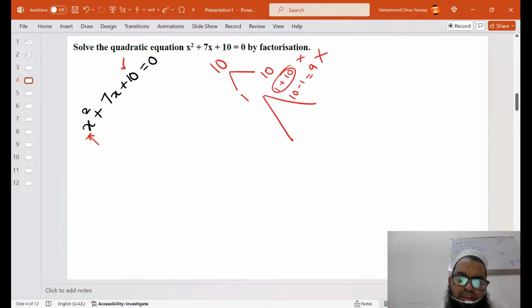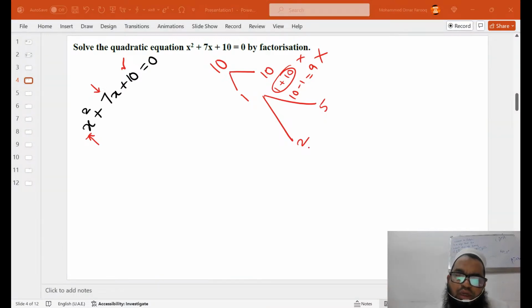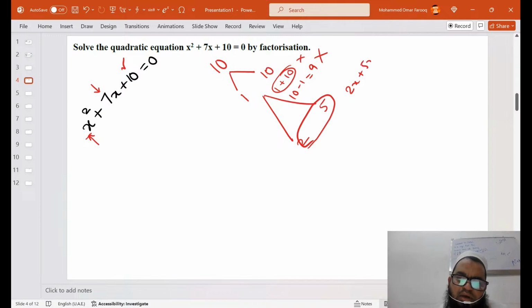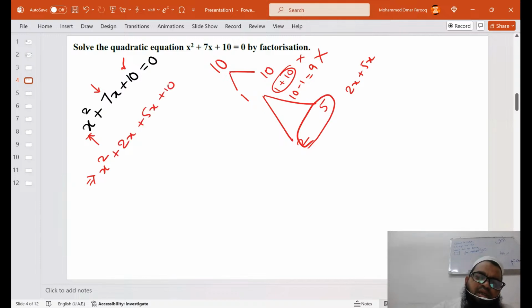So what is the next one? 2 5s are 10. And when I add these two, is the middle term satisfied? Yes, it is satisfied. So therefore, 7x can be written as 2x plus 5x. So let me write. It is x square plus 2x plus 5x plus 10 equal to 0. Now let me take the first two terms.